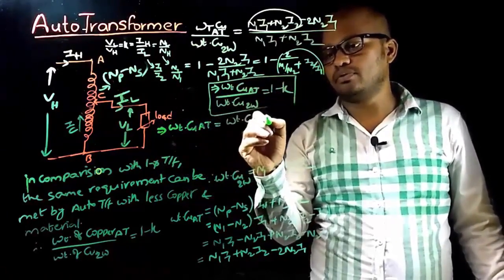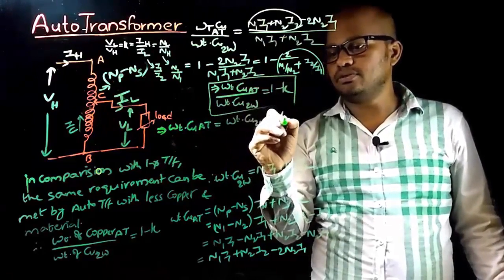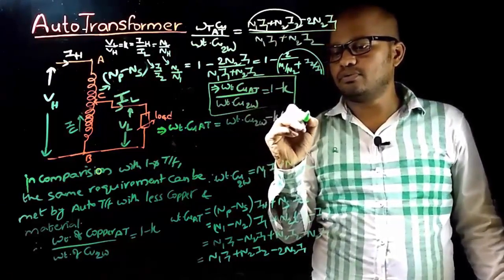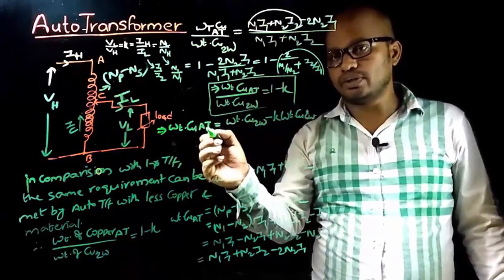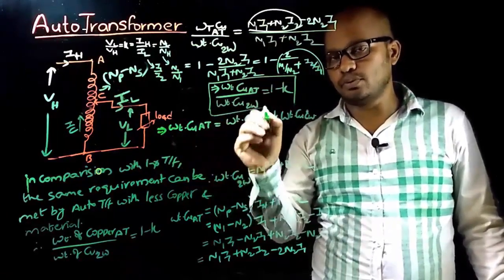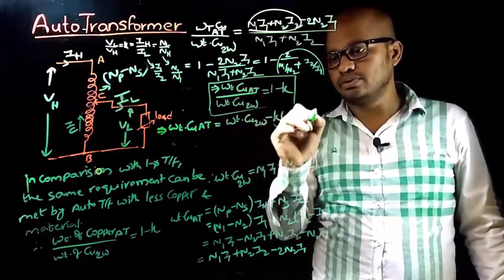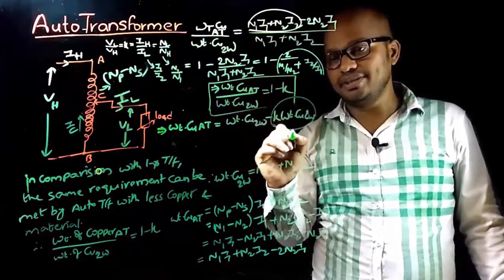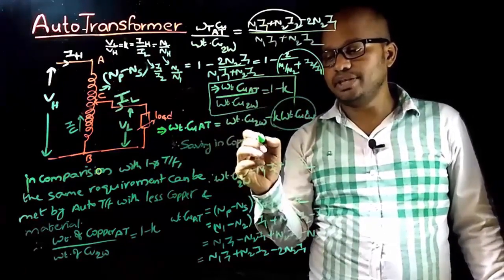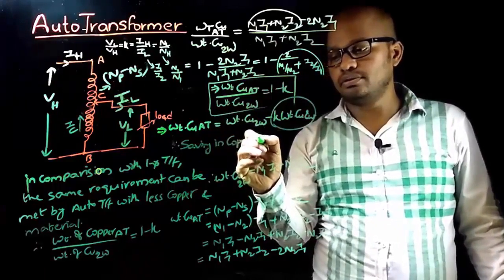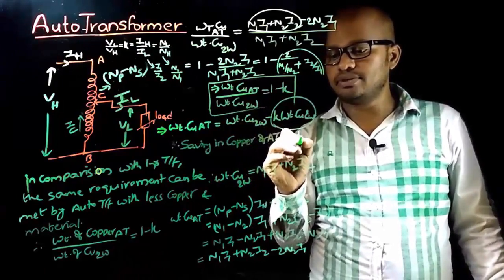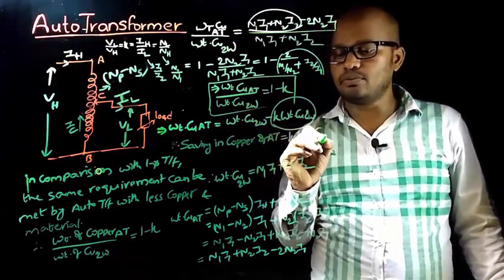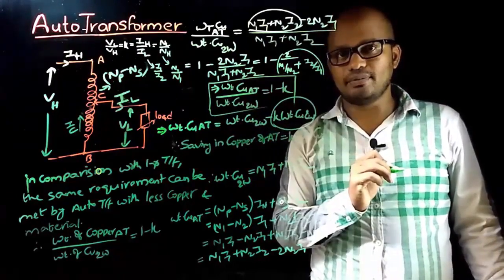So when the weight of copper of autotransformer is compared with the weight of copper of two winding transformer, this is the saving in copper. Therefore, saving in copper of autotransformer is equal to K times the weight of copper of two winding transformer.